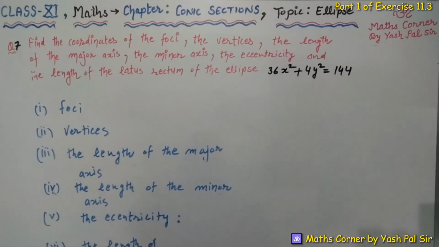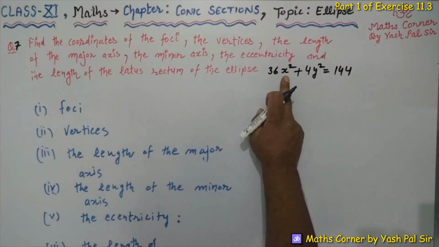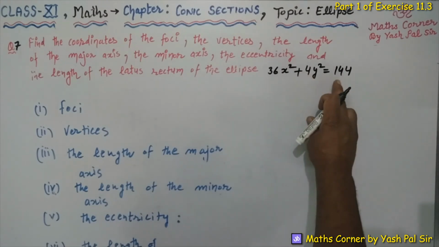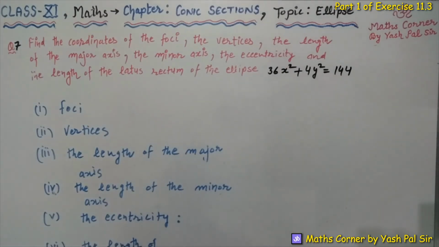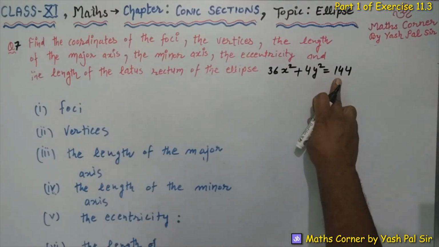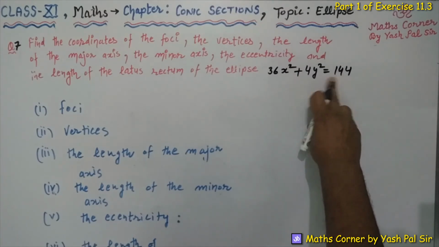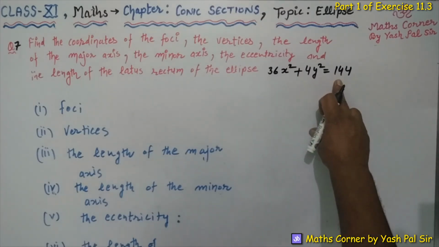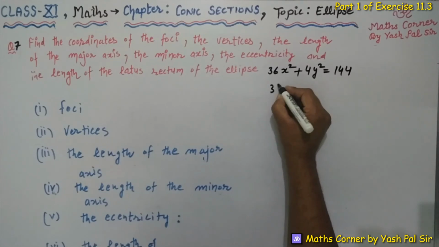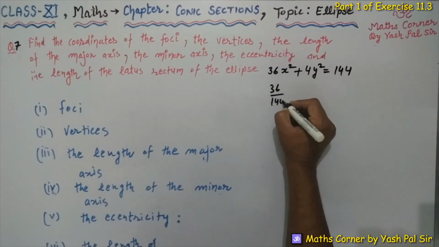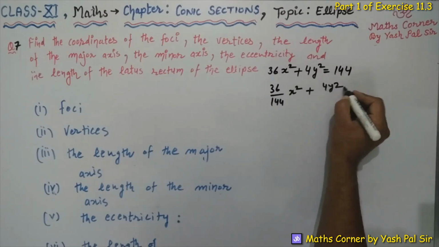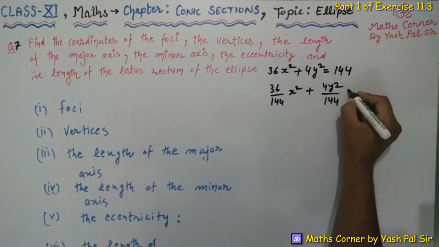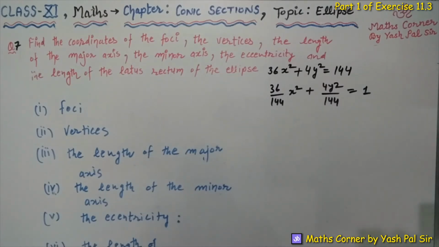Question number 7. The ellipse is 36x square plus 4y square is equal to 144. So what do we know about the ellipse? The right hand side should be equal to 1. So dividing throughout by 144, this becomes 36 upon 144 x square plus 4y square upon 144 is equal to 1.